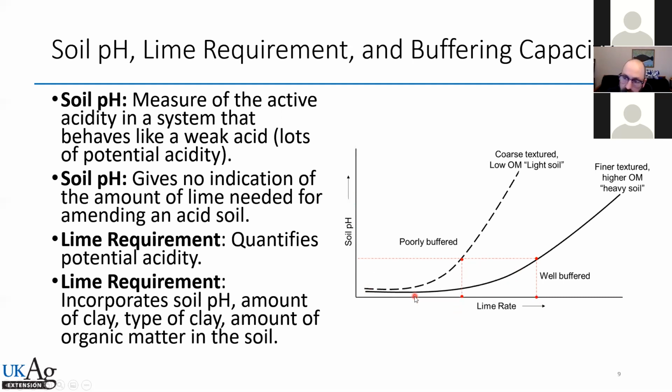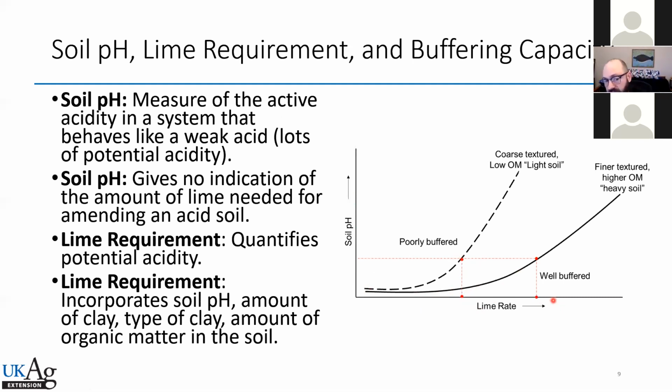In a light soil, a sandier soil, I can add a little bit of lime and get a big change in pH, right? And this works in reverse. So while I need more lime to see my soil pH change on a heavy soil, it will take longer for it to drop back down.